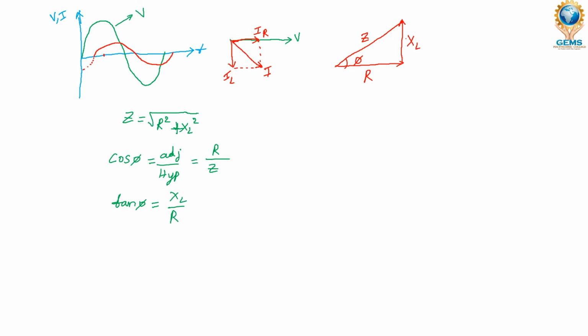Next, if we see the power value, power in the circuit. Power equals average power taken by resistor plus average power taken by inductor.